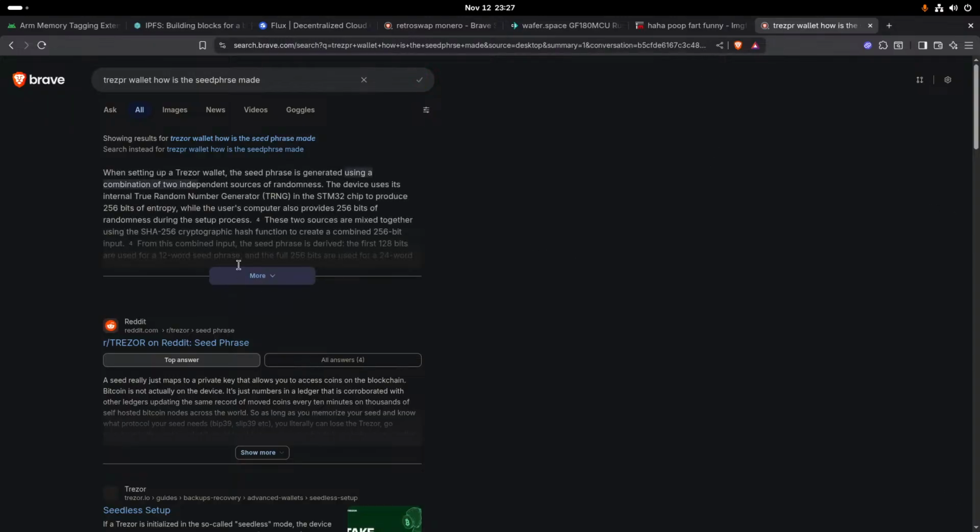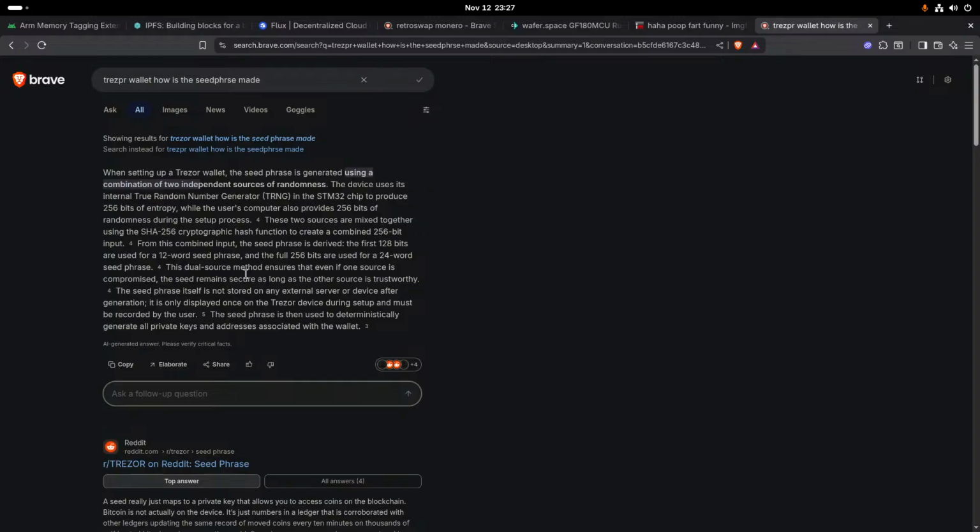Okay. With setting up the Trezor wallet, the seed phrase is generated using a combination of two independent sources of randomness. The device uses its internal true random number generator, TRNG, in the STM32 chip to produce 256 bits of entropy.